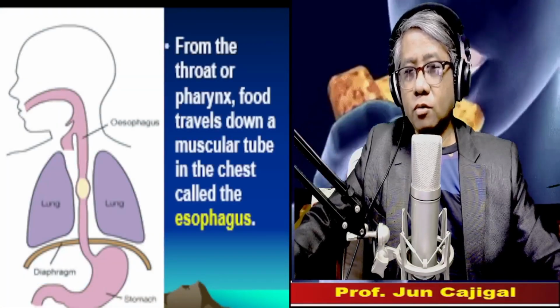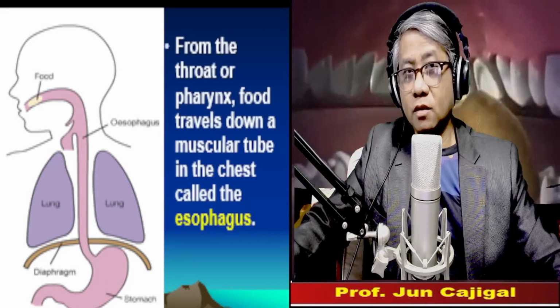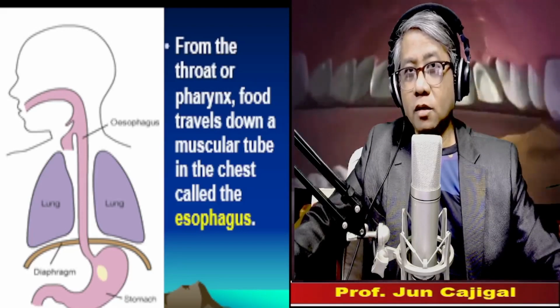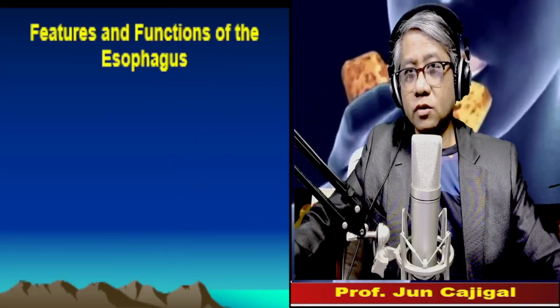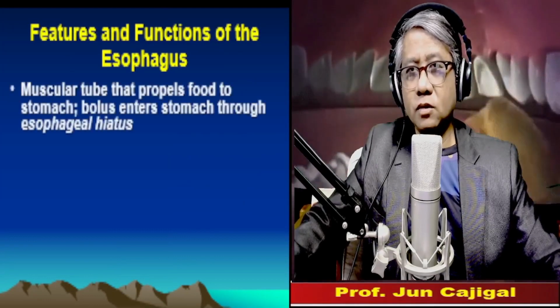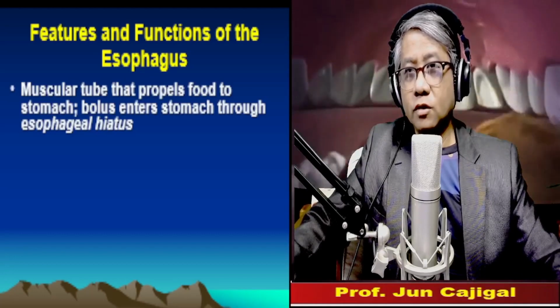Now from the throat or the pharynx, food travels down a muscular tube in the chest called the esophagus. And the following are the features and functions of the esophagus. Now we have to take note that the esophagus is a muscular tube that propels food to the stomach.